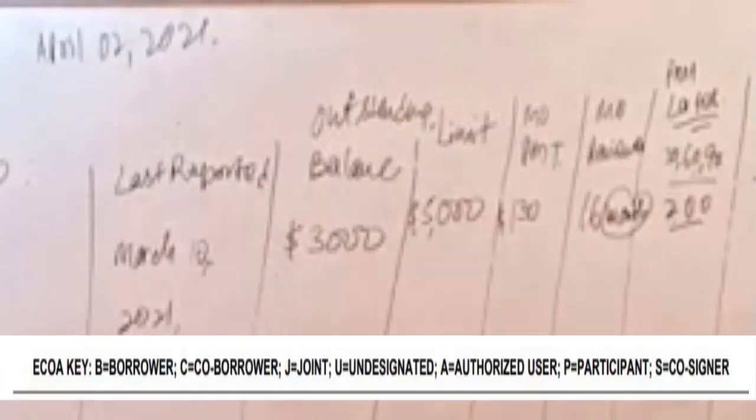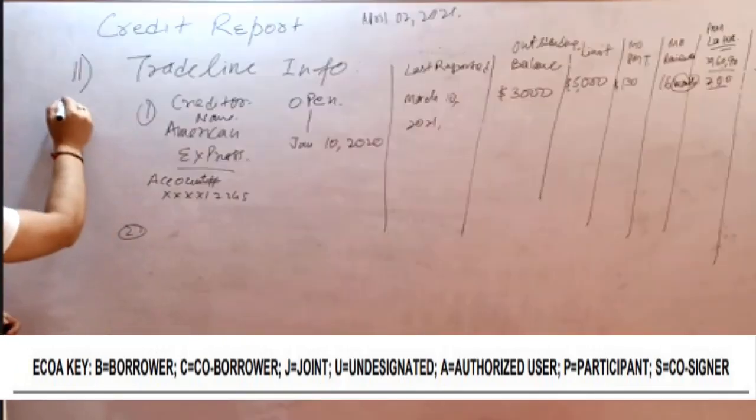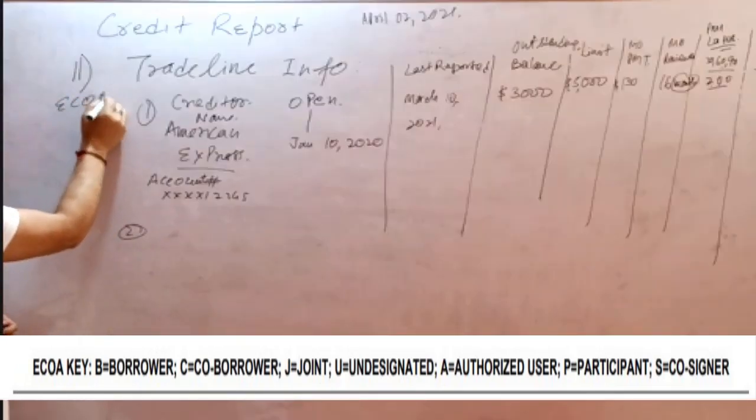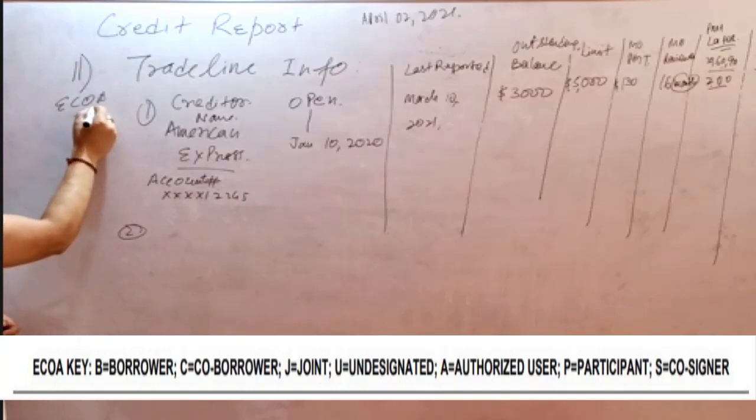Great. So this is how the account detail is shown, and now it is the number 1 account, and then there could be ECOA. ECOA means Equal Credit Opportunity Act. What do we mean by Equal Credit Opportunity Act? It means all the members get equal opportunity.